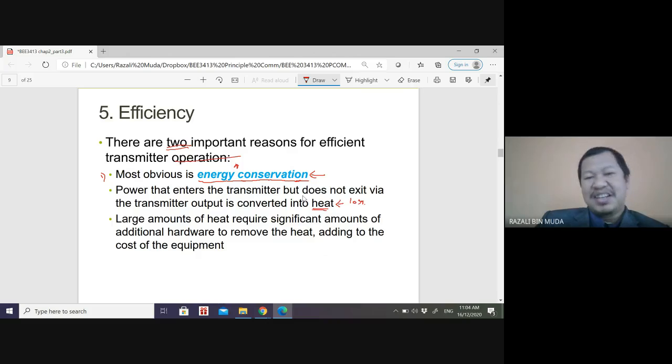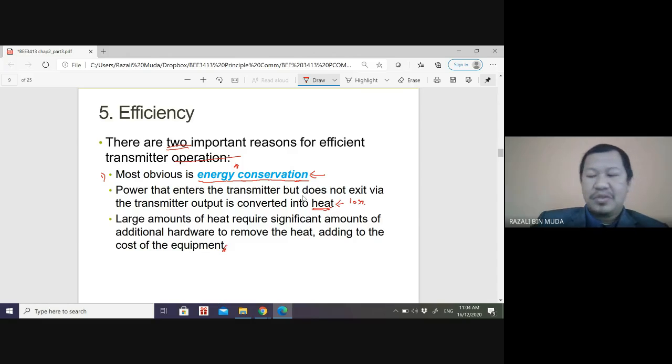Okay, that is basically energy conservation. So the power that enter the transmitter but does not exit via the transmitter output becomes heat, which is loss. Large amount of heat requires significant amount of additional hardware to remove the heat, adding to the cost of equipment.